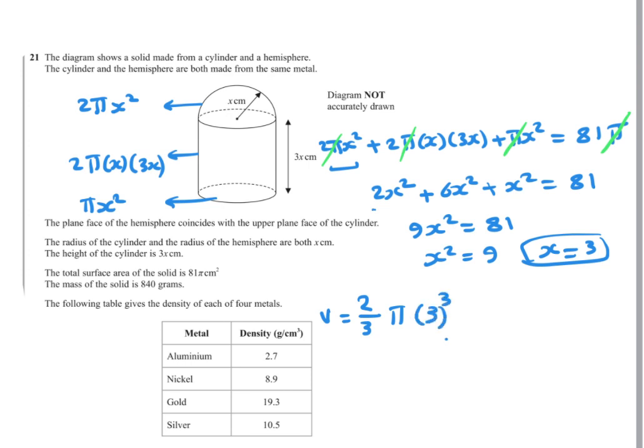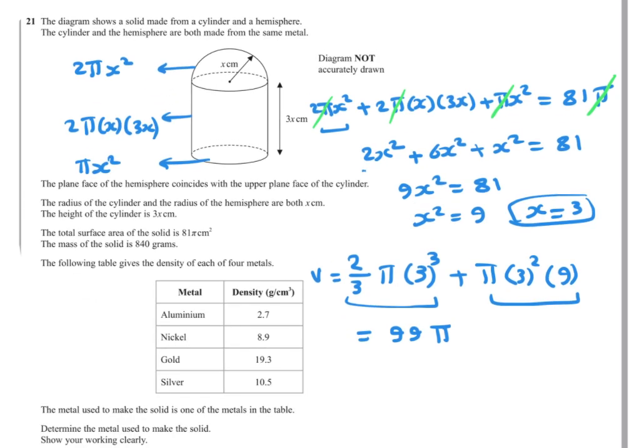Plus the volume of the cylinder, pi r squared times height, so pi times 3 squared times the height, which is 3x, so 3 times 3, 9. This is the volume of the cylinder. The volume equals 99 pi.